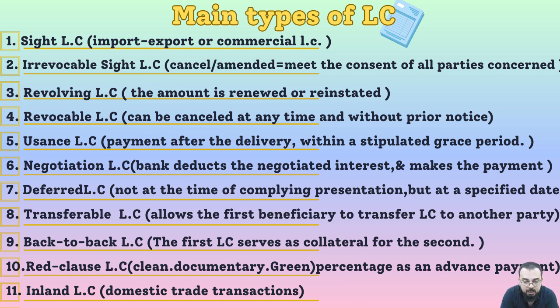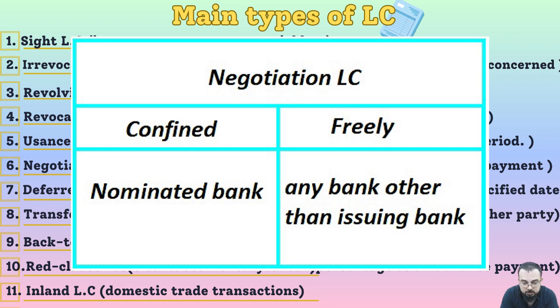But about the last column, negotiation LC freely. This is exactly negotiation LC, and the only difference is here you can negotiate with any bank, and it's not limited to the nominated bank, right?